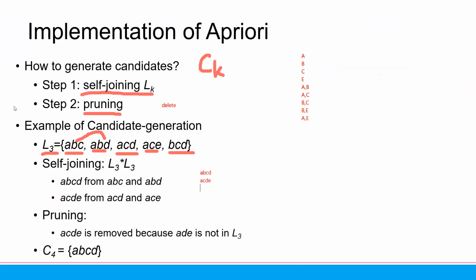And then next we will do pruning. Why pruning? It will be removed because there is no ADE in the L3. As you know, if its subset is not frequent, then its superset is also not frequent.